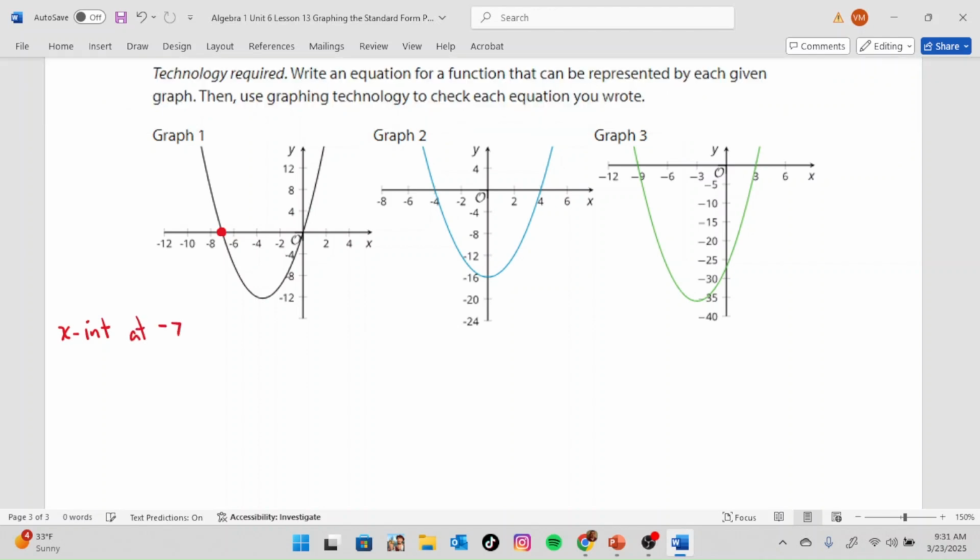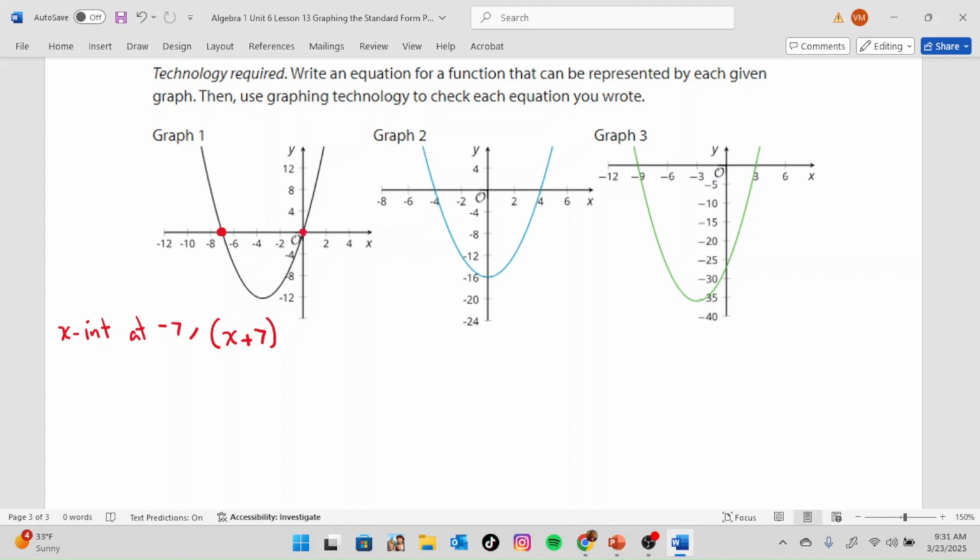If I have an x-intercept at -7, then that means it must be x plus 7 for that factor, because -7 plus 7 will equal 0, which is what the y value is for an x-intercept.